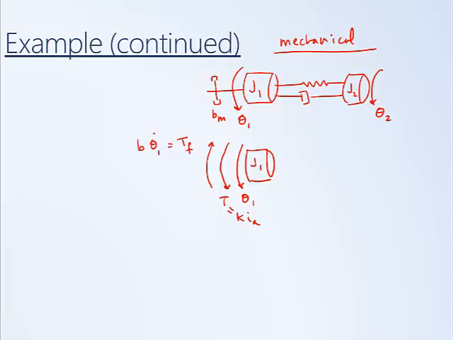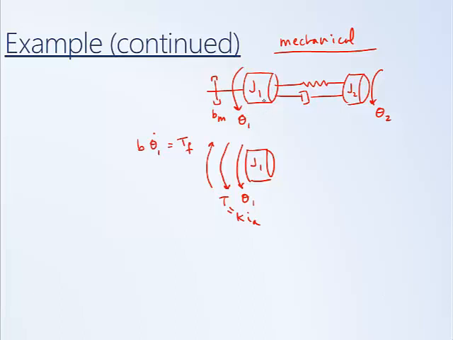And so again, this is a good review. The way that I usually determine the orientation of the spring torque is that I hold the second mass or inertia still, and I move the first inertia in the direction of positive motion.